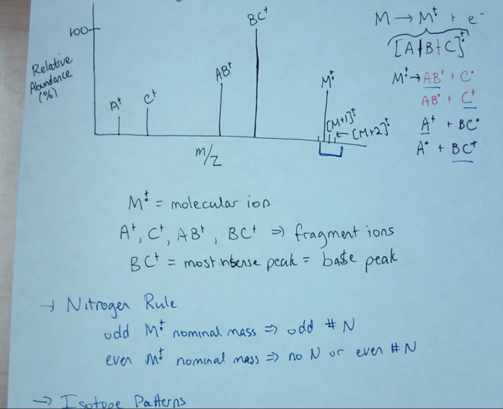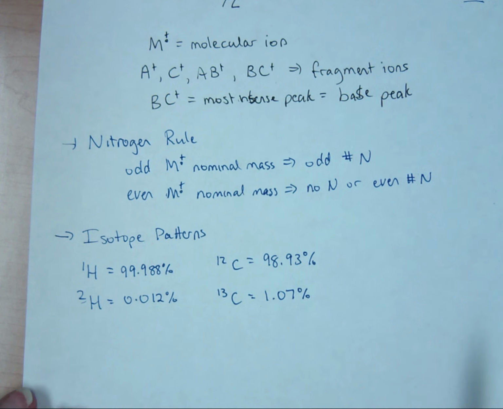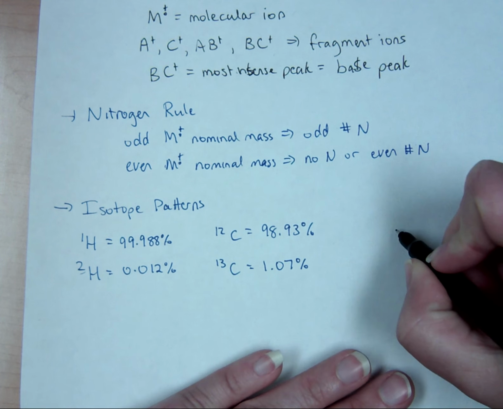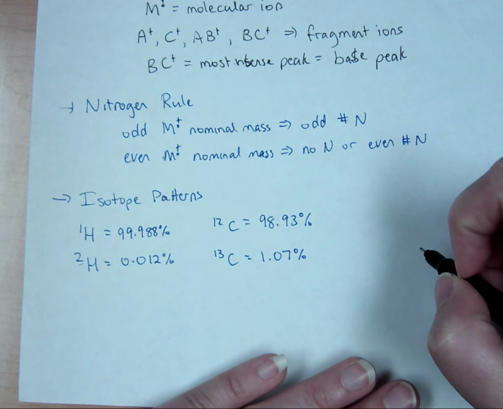And so for very, very large molecules, we're talking thousands of Daltons in size, you might actually see the M plus 1 peak and consider that to be your molecular ion when in reality it is actually representing an isotope. Okay, so when we're looking at these carbons and hydrogens, again, we're looking at what are the combinations that could get us to a higher mass to charge.